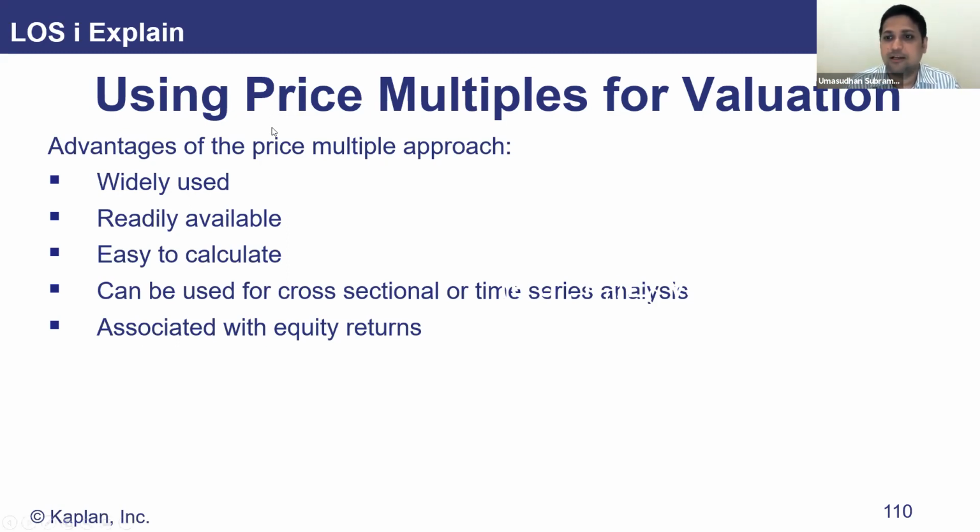But price multiples are easy to use. They are widely used and readily available because they are based on market price data, and easy to calculate. Anything you want to calculate is the price divided by the respective metric, whether it's earnings, book value, or cash flow. It can be used for cross-sectional or time series analysis.